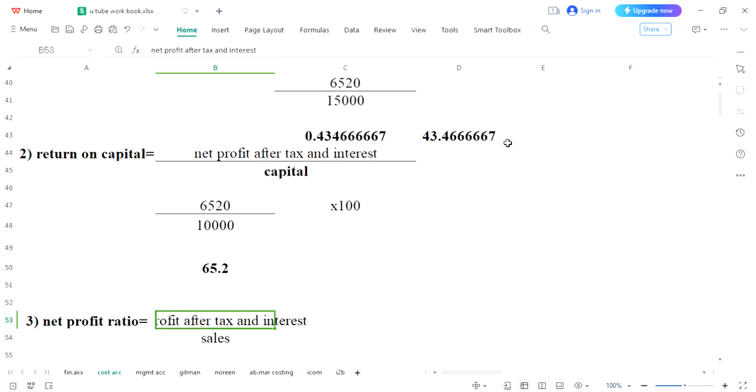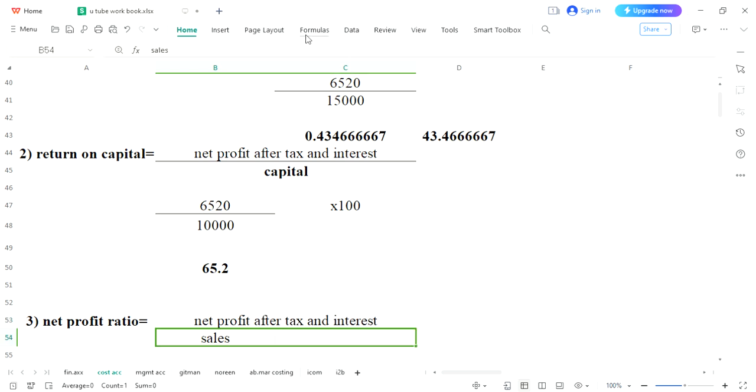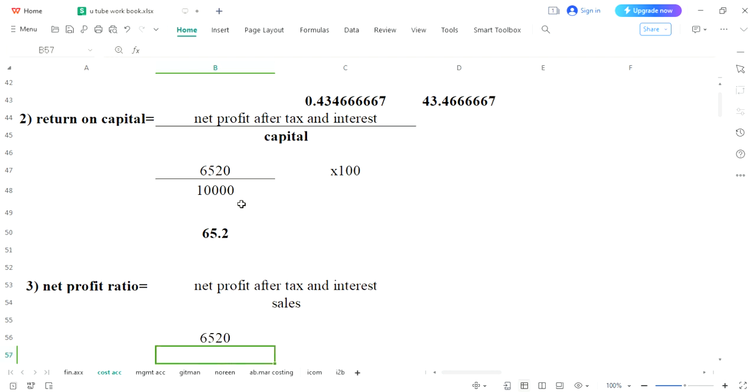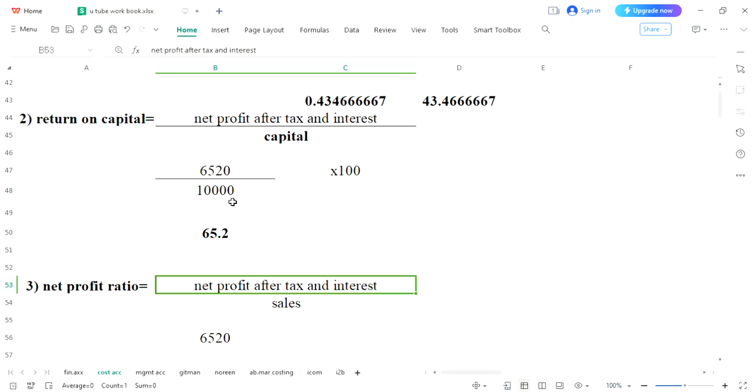So in this way we'll be able to calculate net profit ratio: net profit after tax and interest, divided by net sales. All right. Luckily we have already calculated net profit after tax and interest, which is 6520. In this third formula, we continuously use the same amount, and now we need to divide it by sales.